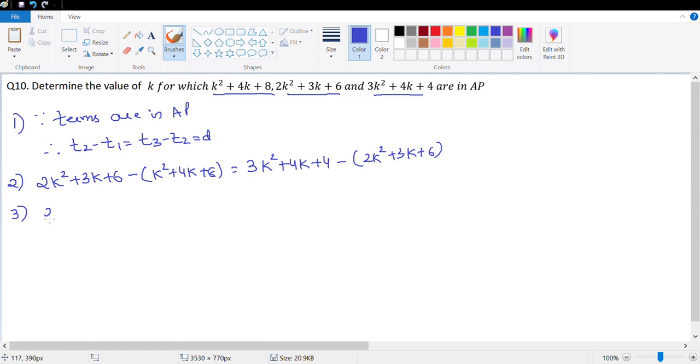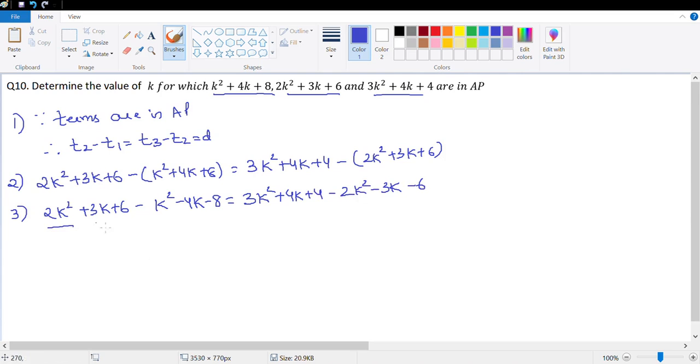So this is 2k square plus 3k plus 6 minus k square minus 4k minus 8, and this is 3k square plus 4k plus 4 minus 2k square minus 3k minus 6.